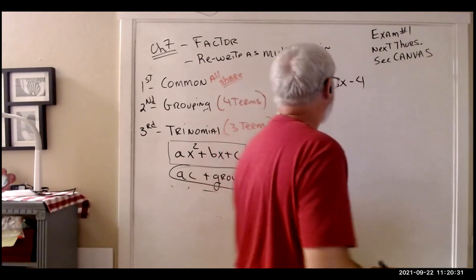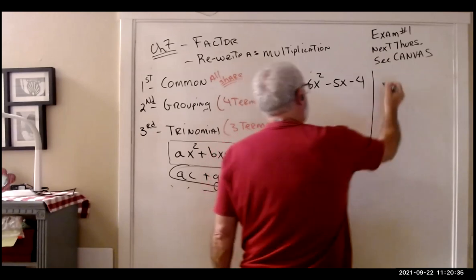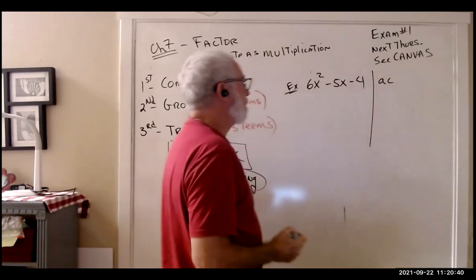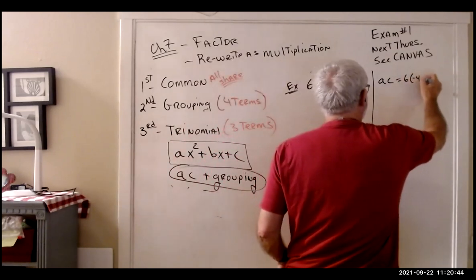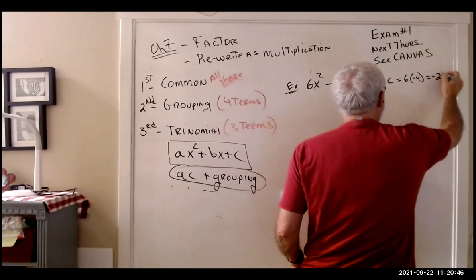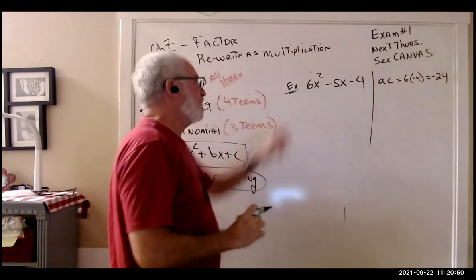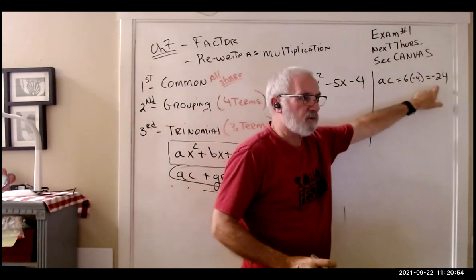So we want to come off to the side and we want AC to be 6 times -4, which is -24.